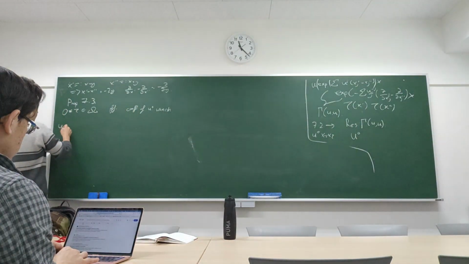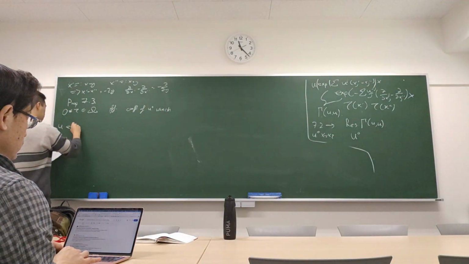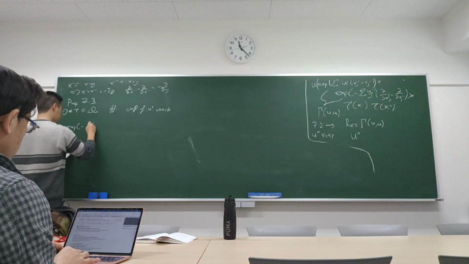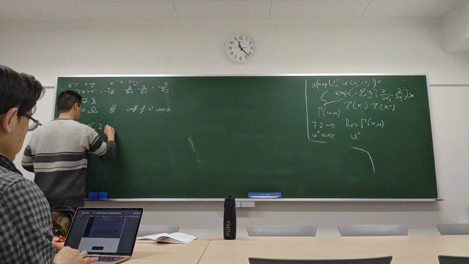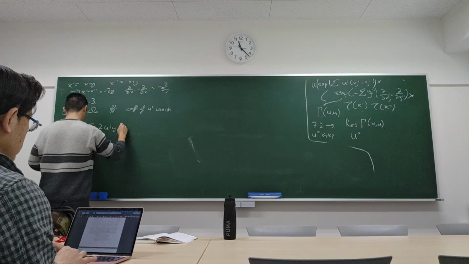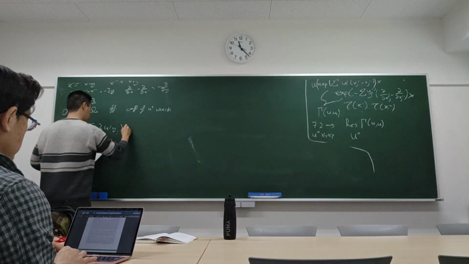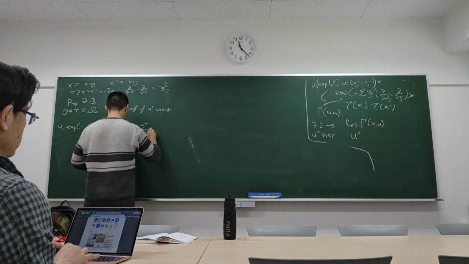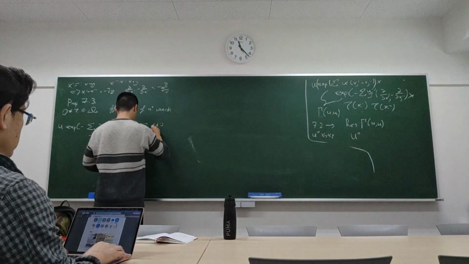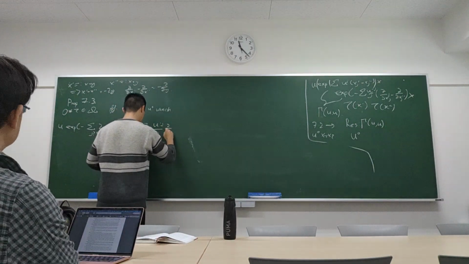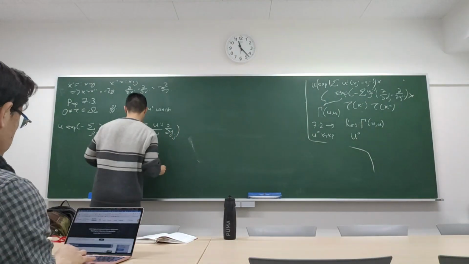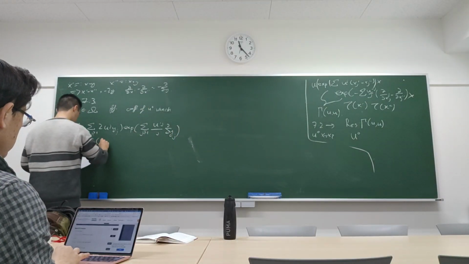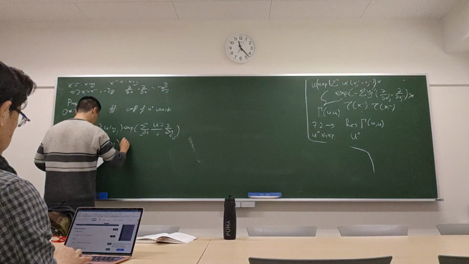So you have u, and then your exponent explicitly will be in terms of y. So 2u_j y_j, sum over j greater than or equal to 1, exp, sum over j greater than or equal to 1 of u^(-j)/j ∂/∂y_j, times x minus y.